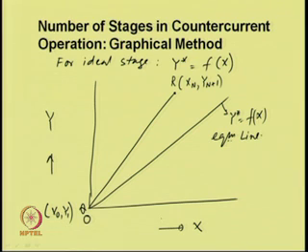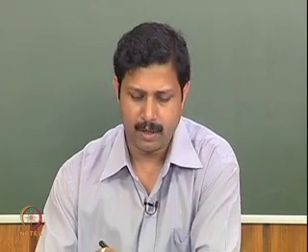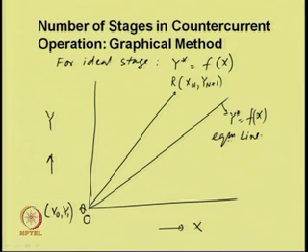Now, to obtain the number of stages or plates using the graphical method, we can proceed step by step. From point R, we can draw a vertical line crossing the equilibrium line at point S, and then we can draw a horizontal line from the equilibrium line.